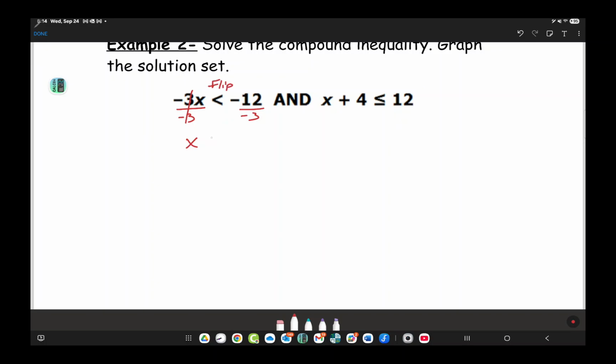So that is greater than 4. Subtract 4, x is less than or equal to 8. So again, which one's my smallest number? 4. I'm going to use this symbol and put x between and use that symbol. 8.